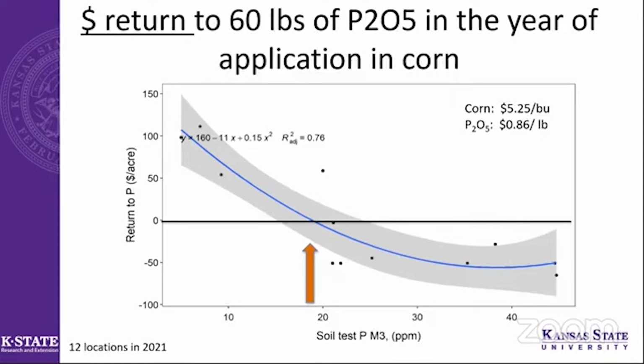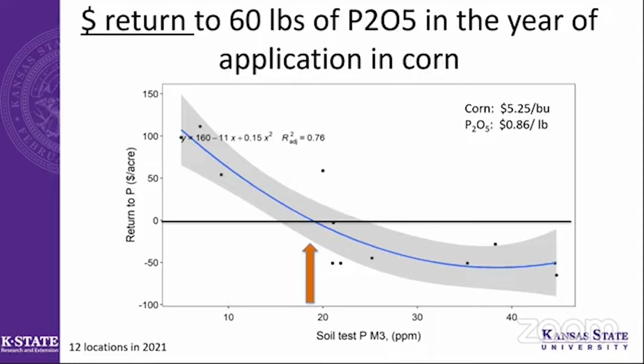Question? Yeah, this is 200 bushel corn that you're figuring. Yes, essentially 200 bushel corn, giving that 60 pounds of P2O5. And again, your numbers will vary depending on what you're using. The other thing, maybe what's more important here, is how much is this going to change?